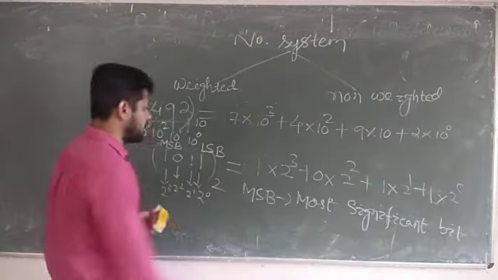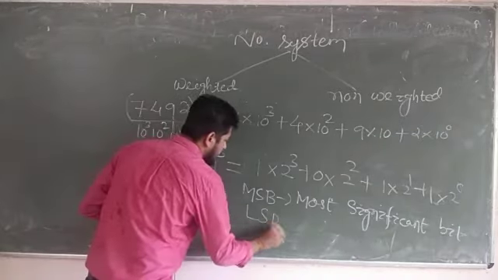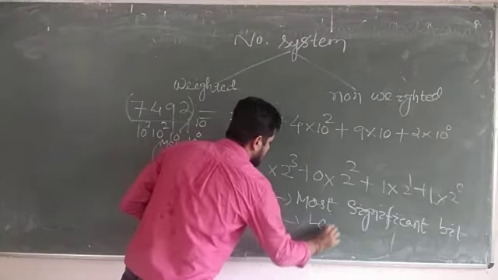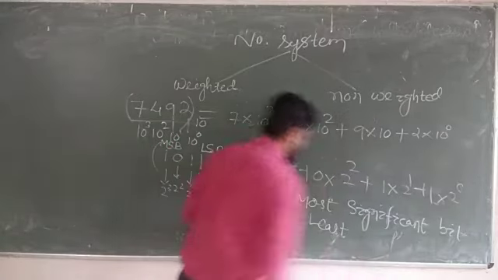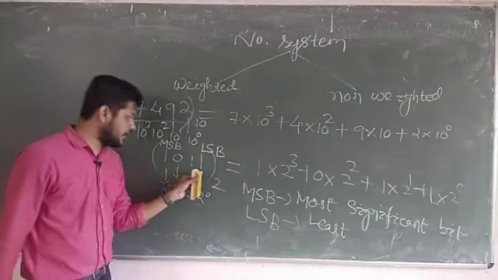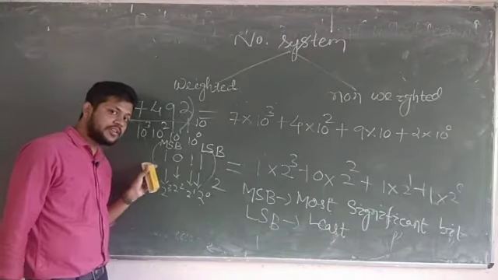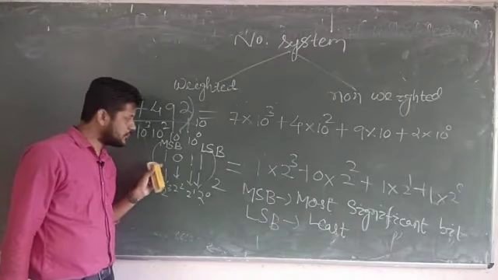MSB stands for most significant bit. LSB stands for least significant bit. So the rightmost digit is the least significant bit, and the leftmost digit is the most significant bit.